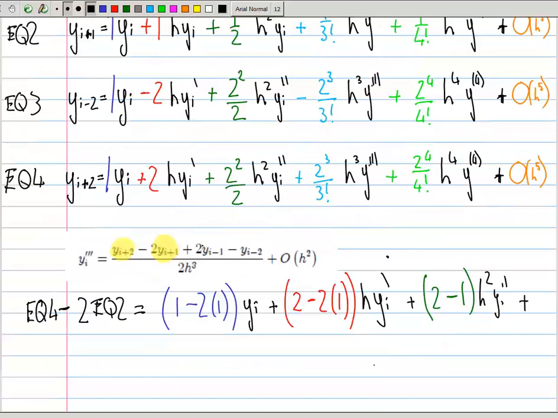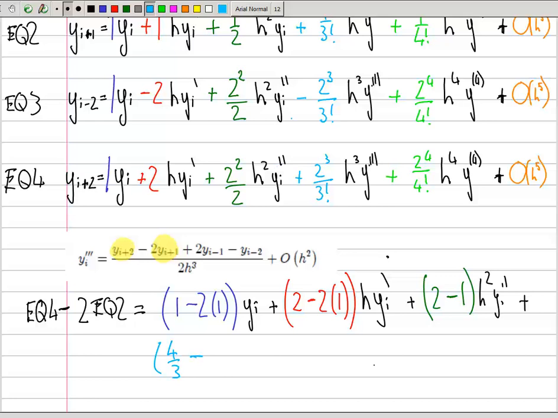This is now the term that we're interested in, the y triple prime. Open brackets. So here we are looking at equation 4, which is 2 to the power of 3 over 3 factorial. So that's 2 to the 3 is 8. 3 factorial is 1 times 2 times 3, which is 6. So 8 over 6 is 4 over 3.